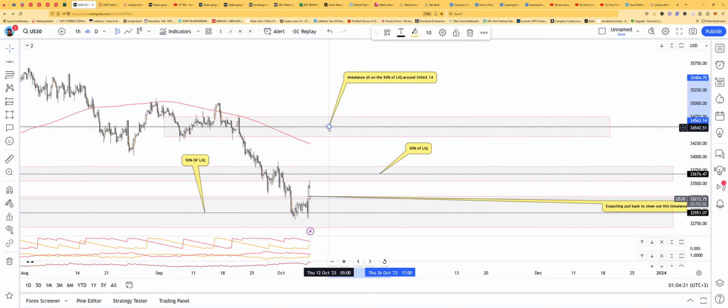So we have another imbalance right here that is sitting around this area. You can see for yourself. The imbalance sits around this area.